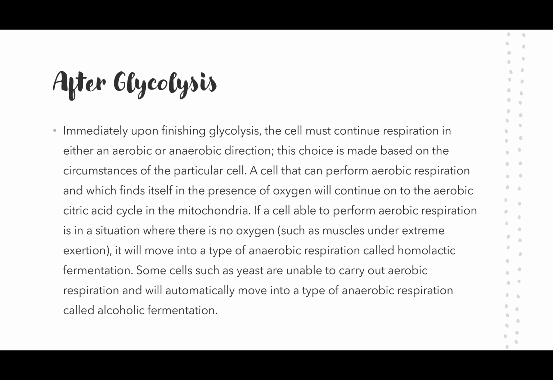If a cell is able to perform aerobic respiration in the situation when there is no oxygen, in the case of muscles under extreme exertion, we're going to have anaerobic respiration, called homolactic fermentation, right? So some cells such as yeast are unable to carry out aerobic respiration, therefore they will automatically move to anaerobic respiration called alcoholic fermentation, right?